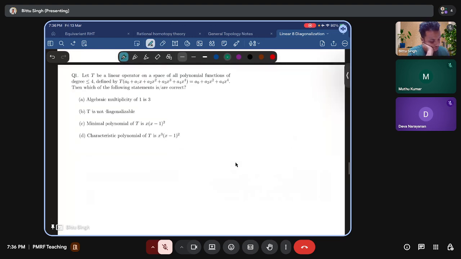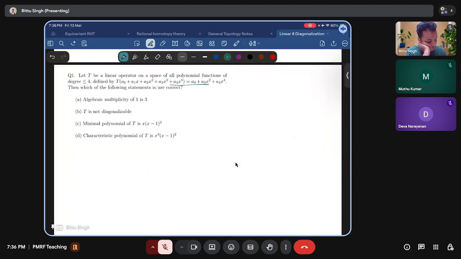Here the linear transformation is defined by this equation, and we need to find this kind of properties. Okay, so T of 1 by definition is 1, T of x, the coefficient a1 is only 1, which is 0 here on the right hand side.